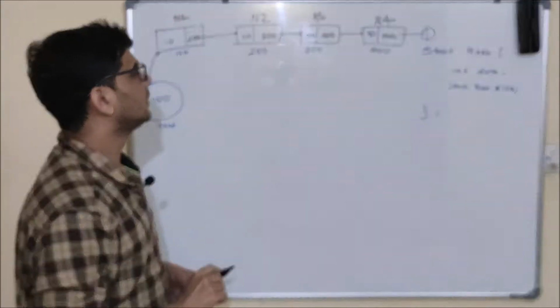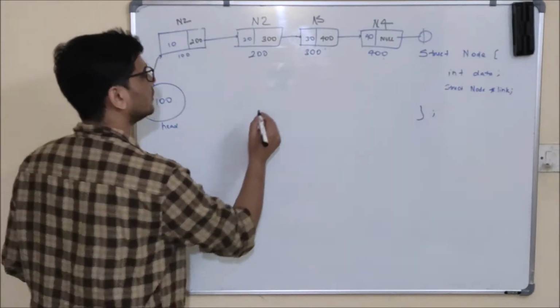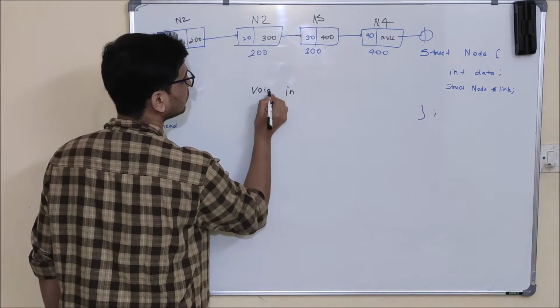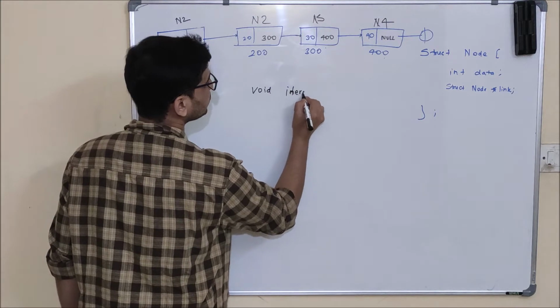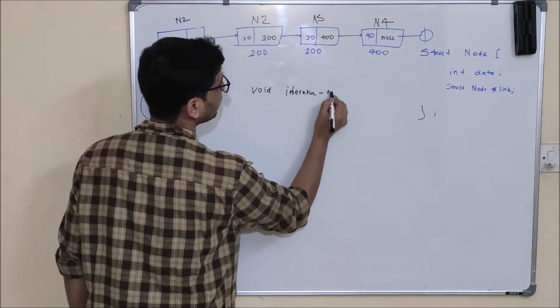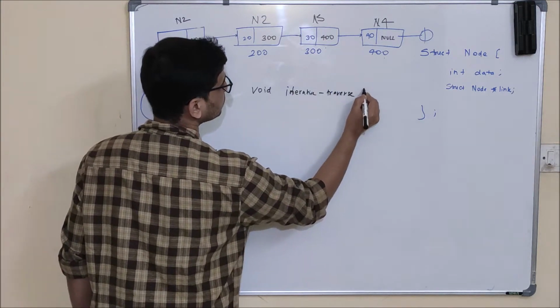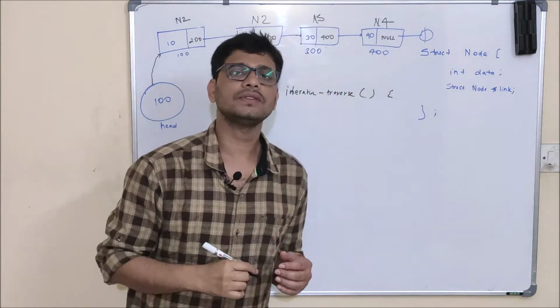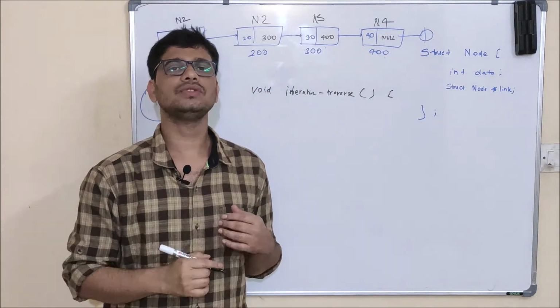Okay. Now let's write a program to traverse a linked list, that is, an iterative program. Let's name this function iterative traverse. So if you remember, to traverse a linked list we can't use the head pointer.